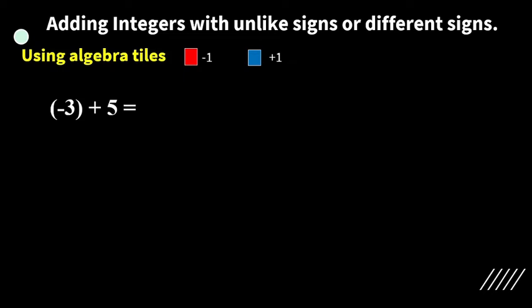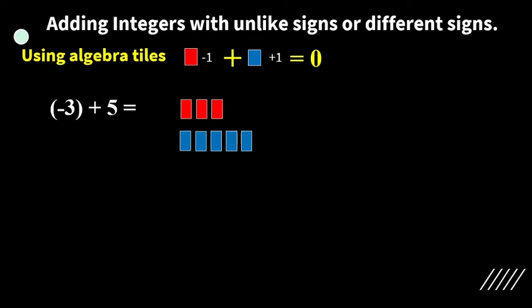And take note that when we put or add positive and negative, we get 0. So let us represent negative 3 using 3 red tiles and positive 5 using 5 blue tiles.